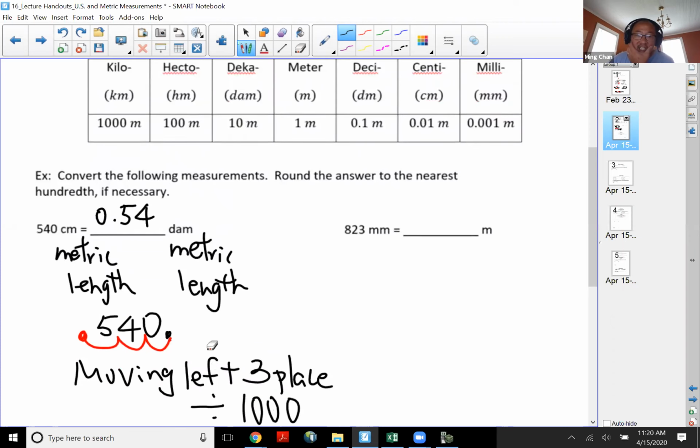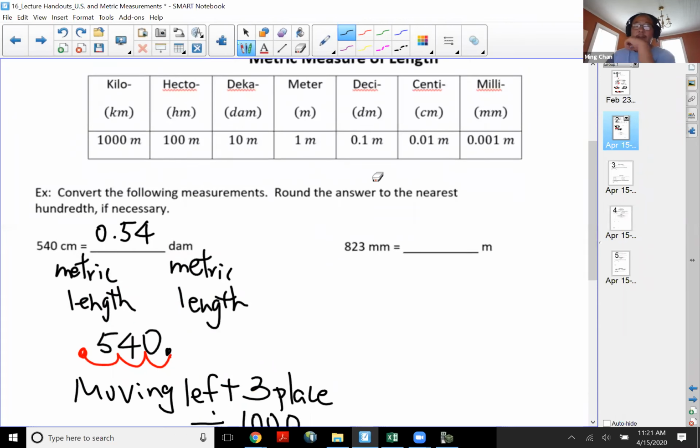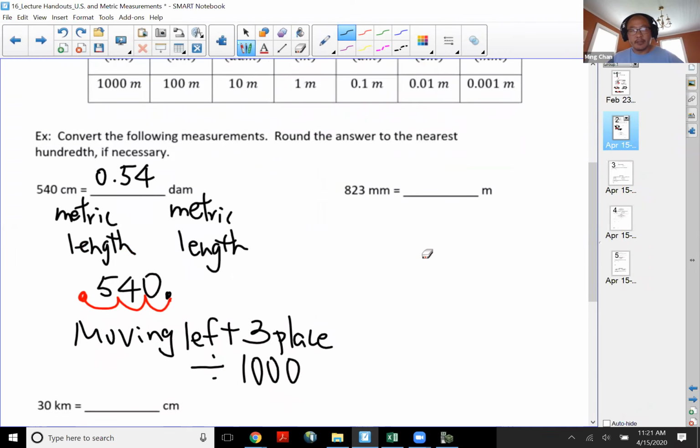Other than these 2 techniques, I will probably not worry about any other techniques because it gets confusing. Okay, so the easiest way is probably moving decimals. But just make sure you understand when I'm moving decimals, just like when we're dealing with percent, to get rid of the percent, we divide by 100 or move to the left 2 places.